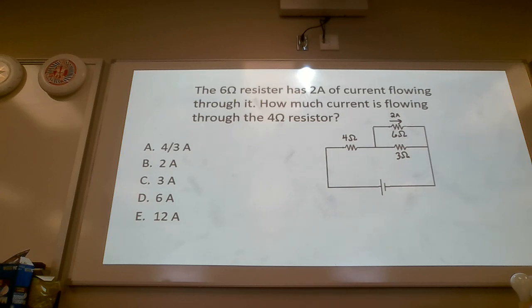And then we're combining them together. So we're pretending, what would it look like if all three of those were combined together to be one resistor. That's where the term equivalent resistance comes from. What would the resistance be that's equal to all of that resistor?